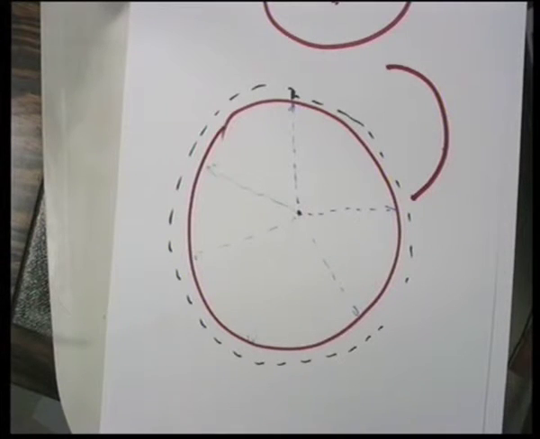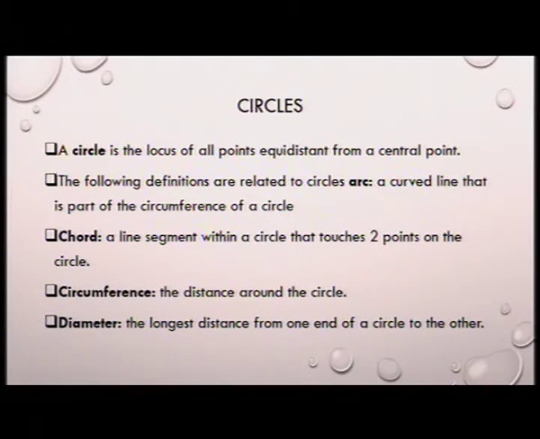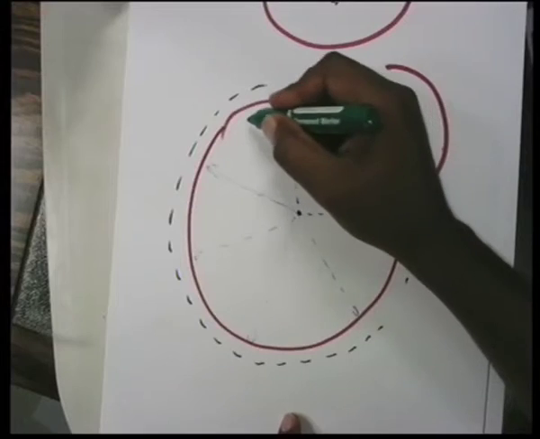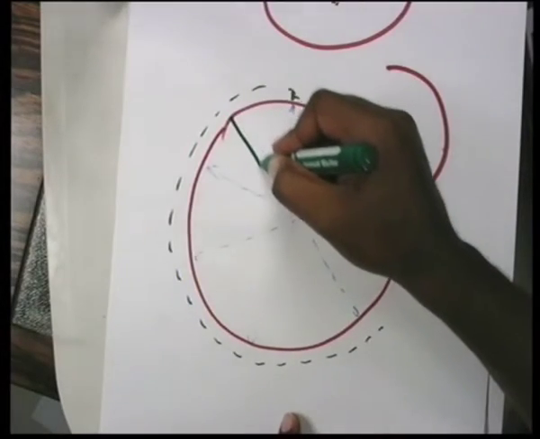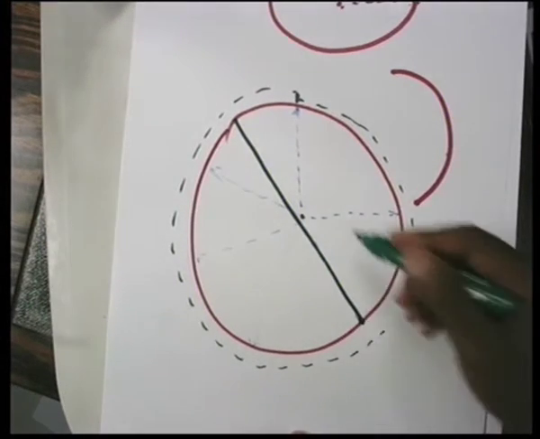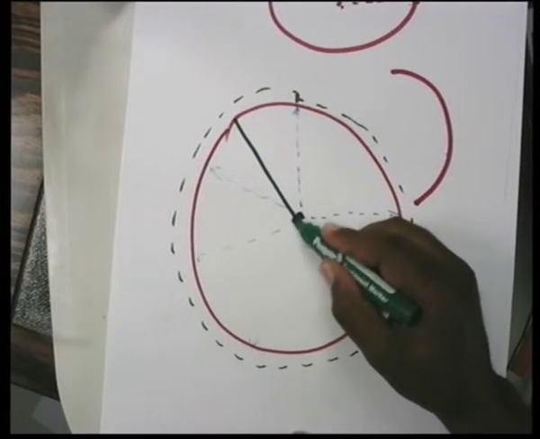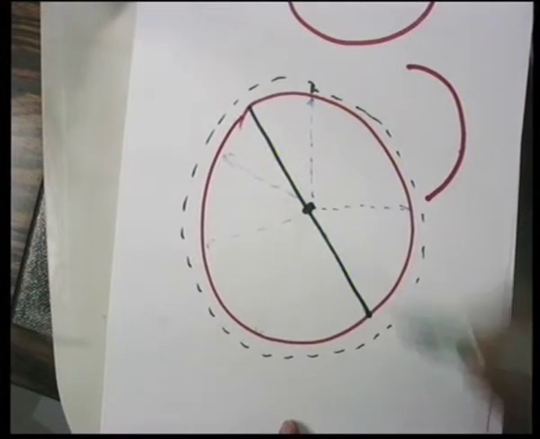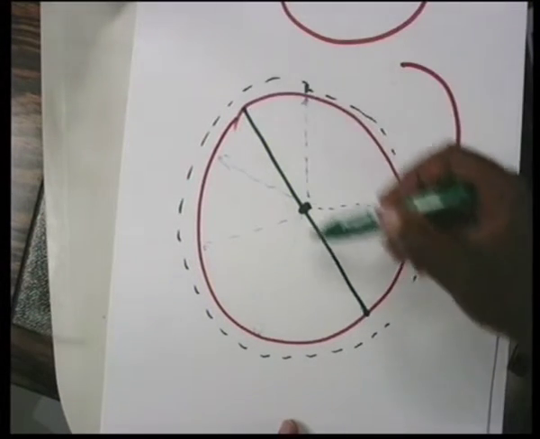It has a diameter, the longest distance from one end of the circle to the other. So when we look at this circle here, the diameter could be from there through the center to the other side. The most important thing is that it must go through the center, from one side to the other side.